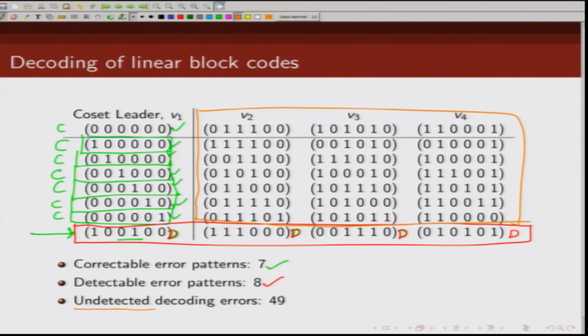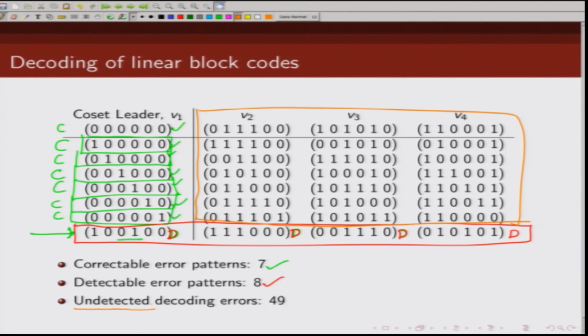So, through this example, essentially I have illustrated how we can use this standard array for error correction and error detection. So, in summary, we would like to make our coset leader as one having minimum Hamming weight, minimum number of ones, and whenever we get an error, our syndrome will be non-zero.